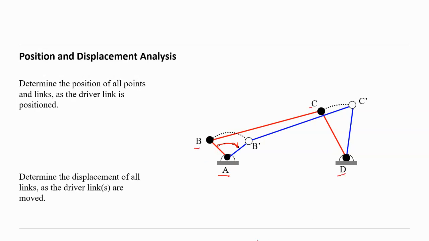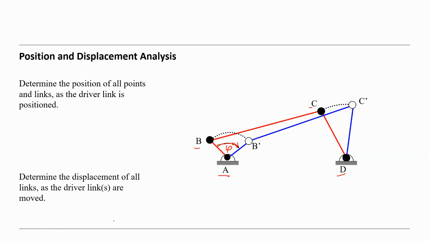And after a certain motion, the angular motion, let's say the phi here, it arrives at B prime, C prime, because the points B and C are changing their position. So A and D are already grounded. That means fixed to the ground.